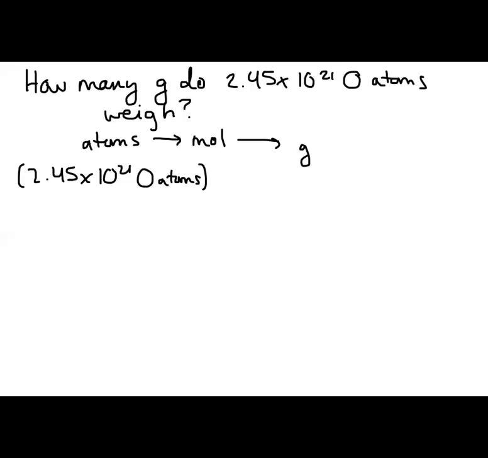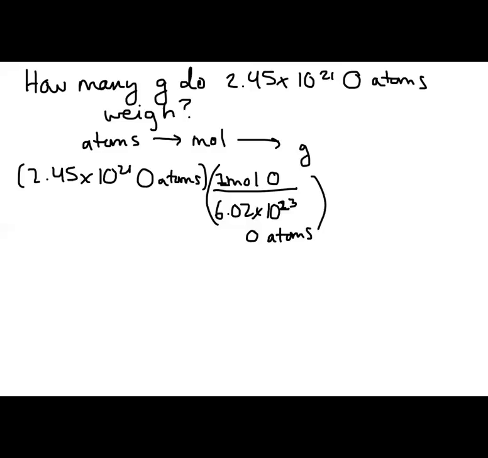Since I'm going from atoms to moles, 1 mole of oxygen is equal to 6.02 times 10 to the 23rd oxygen atoms. And then what's my last step? It's 1 mole of oxygen.